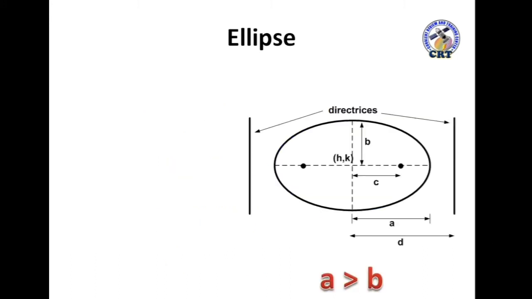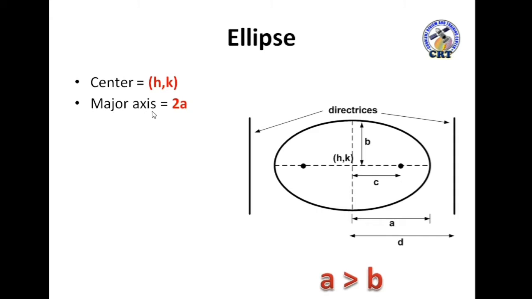I-discuss naman natin yung parts ng ellipse gamit yung ellipse na ang drawing, horizontal ang major axis. So again, tandaan natin, A is always greater than B para sa ellipse. Unahin natin yung center. Center is located at HK coordinates. So ayan yung center. Next is major axis.